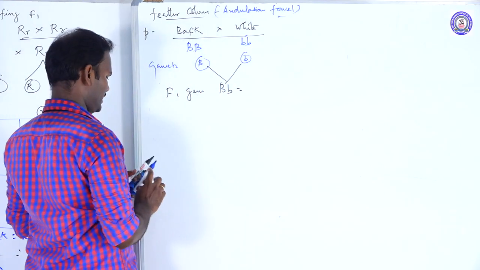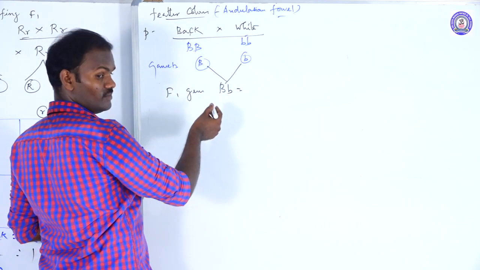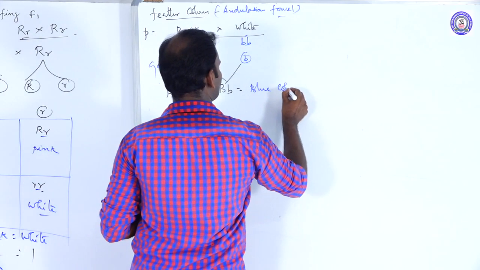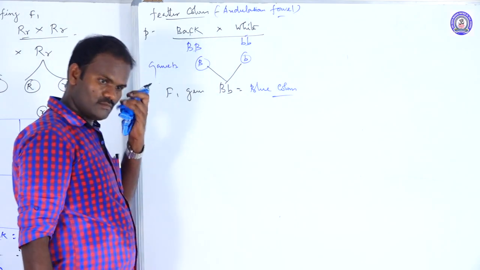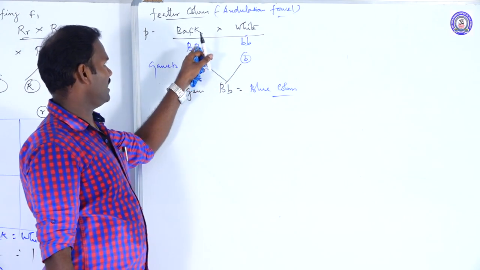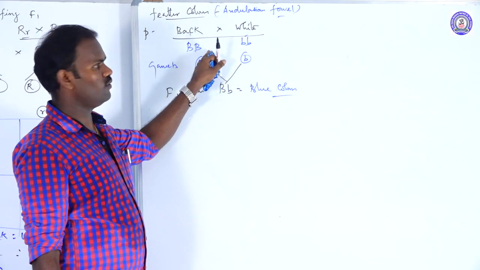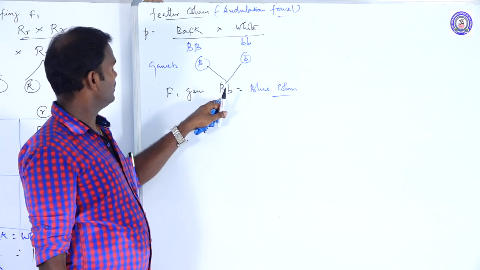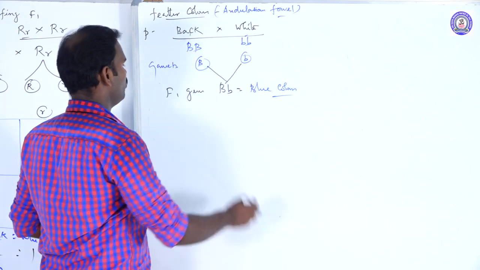Now the F1 offspring, it is a failure of the law of dominance. All are blue color. In the case of complete dominance, among the two parental characters, only one is expressed. Here, none of the parental characters are expressed. That is incomplete dominance. Blue color.